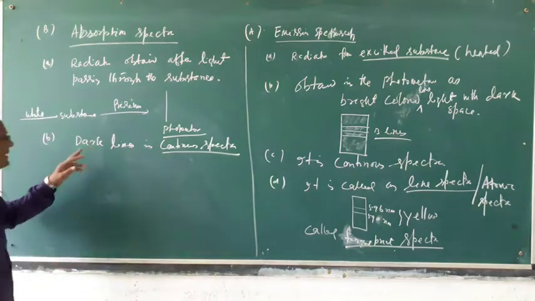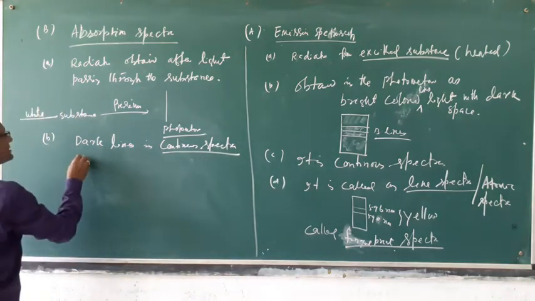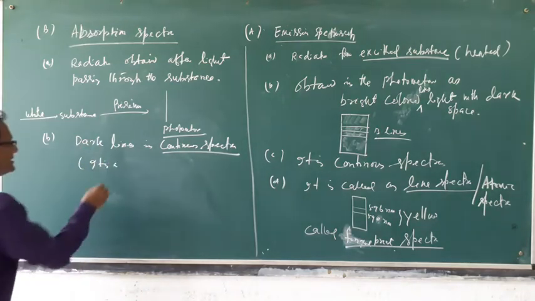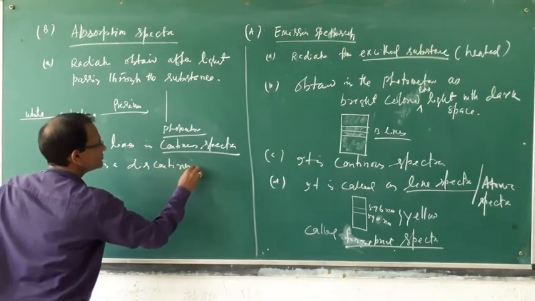That means dark lines in a continuous spectrum make it a discontinuous spectrum.